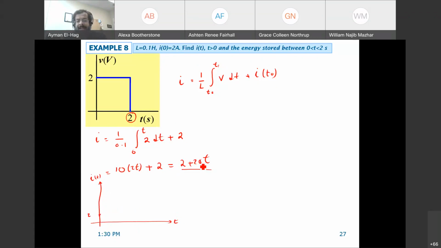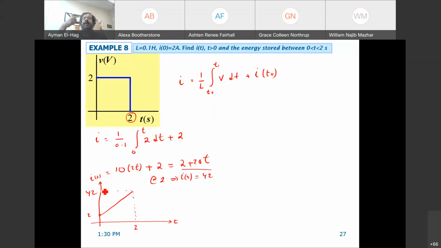And then we have a slope of 20. So we will go in a straight line, linear relation, until we reach 2. Now at 2, what will be the current? Substitute 20 times 2, which is 40, plus 2 equal to 42. So here it will reach 42.